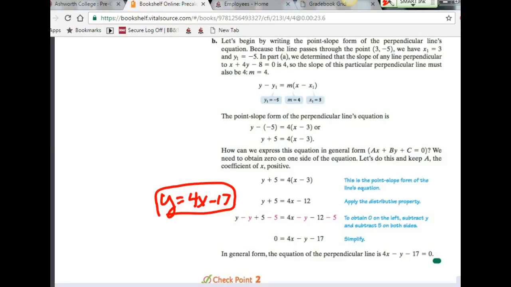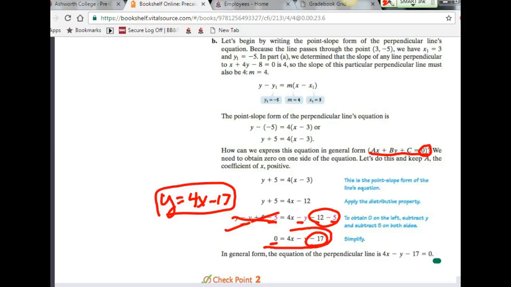However, this time it wanted us to put it back into general form. General form means everything is on one side and the other side is equal to 0. So that's why you see them subtracting the y over and the 5, both here and here. It cancels everything over here to give us our 0, and then we end up with 4x minus y minus 17.